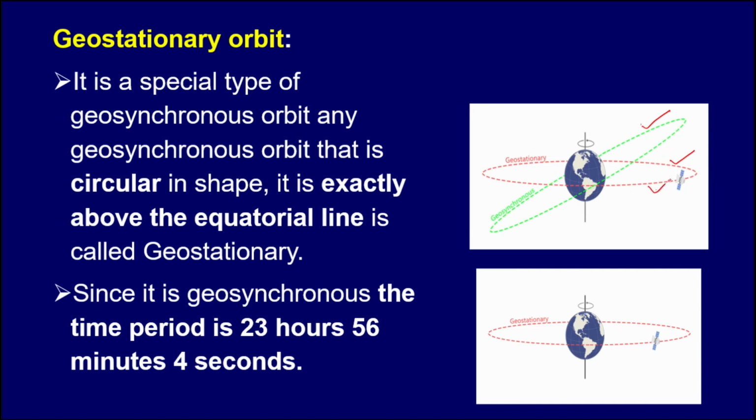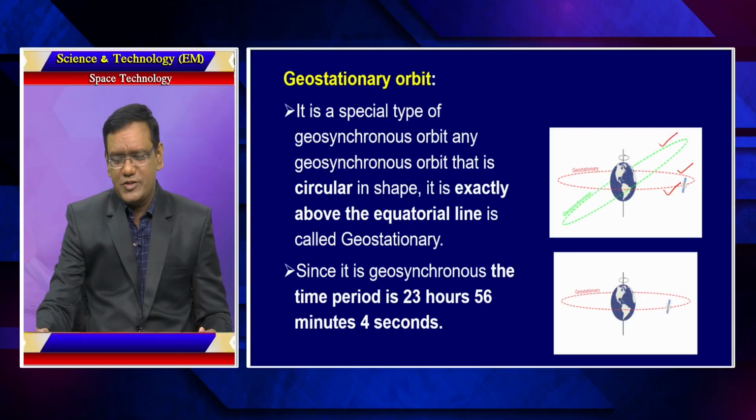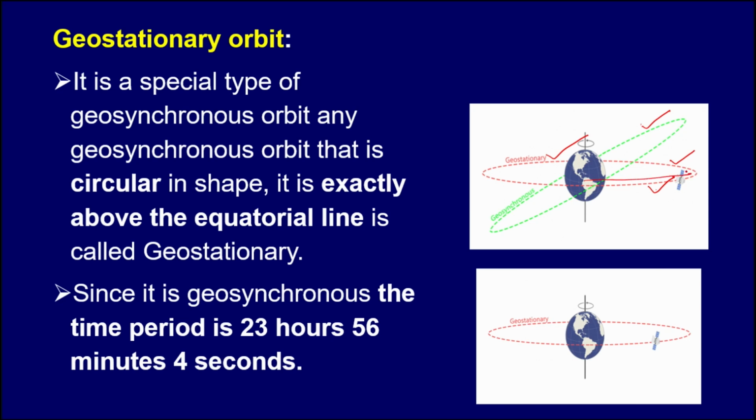This red colored one is the geostationary orbit because it satisfies two more conditions: the orbit is circular in shape, and it is exactly above the equatorial line. That's the reason why this is called geostationary orbit.